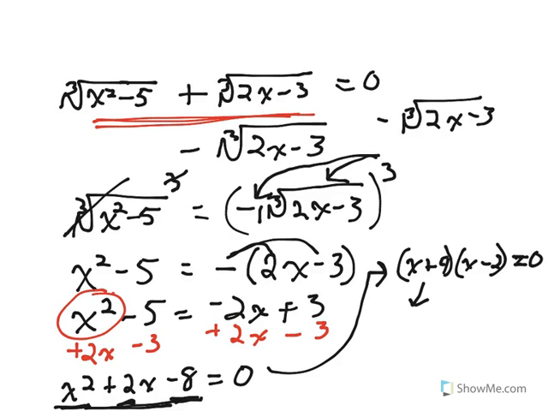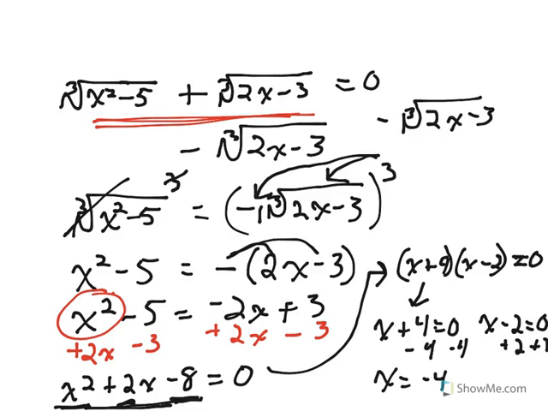Now set each factor equal to 0 and solve each equation. On the first one, we're going to subtract 4 from both sides, and we get x equals negative 4. Second one, we're going to add 2 to both sides, and we get x equals 2.